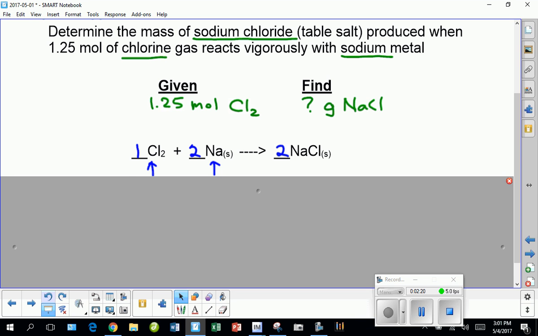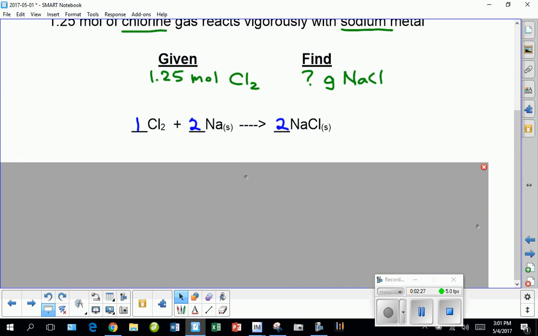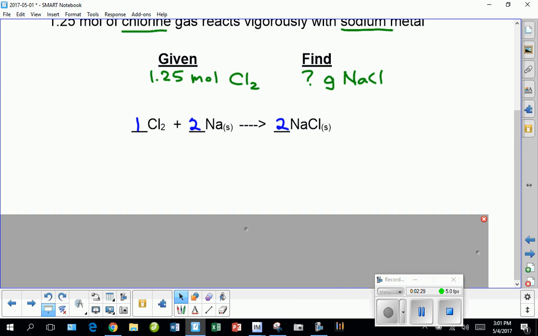So I'm glad they're giving us a nice simple reaction type. And now we can look at the given and the find and put our mole ratio together for our calculation. So we've got in the given the chlorine.